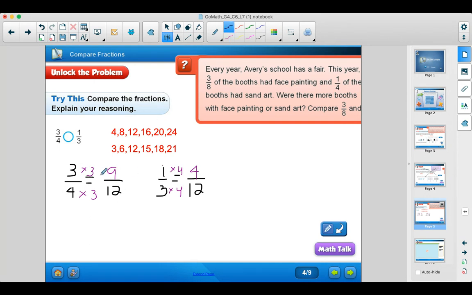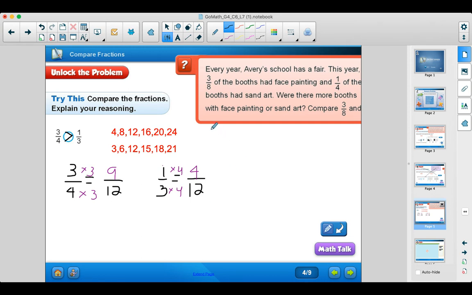So, can we say that 3/4 is equivalent to 9/12 and 1/3 is equivalent to 4/12? So now is 3/4 bigger or smaller than 1/3? Well, 9 is larger than 4, so 3/4 is bigger than 1/3 or 4/12.